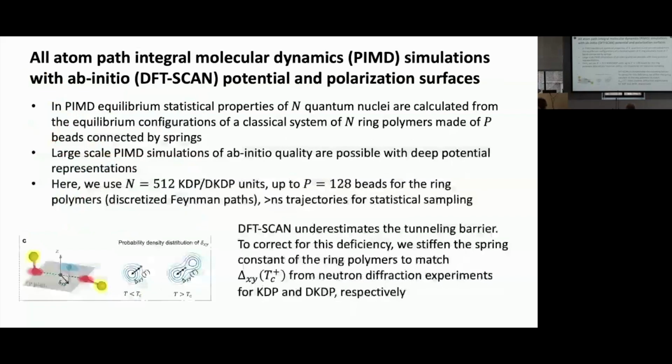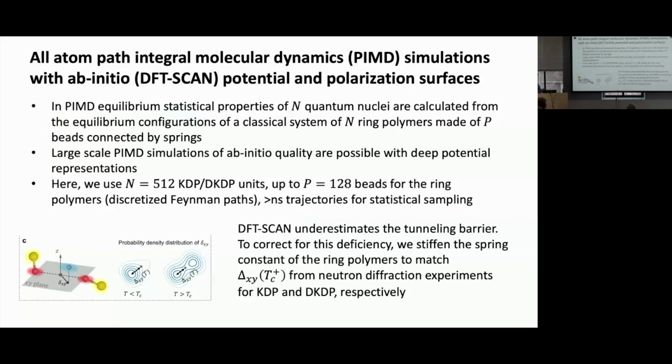Now, in this case we can use the methodology, but we have to use path integral molecular dynamics simulation in order to include quantum effects in the nuclear motion.